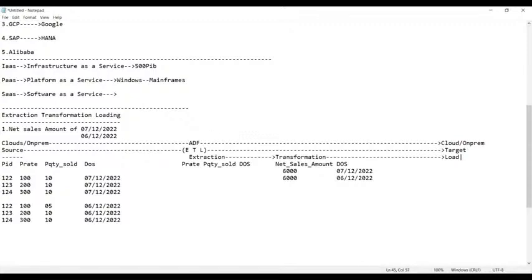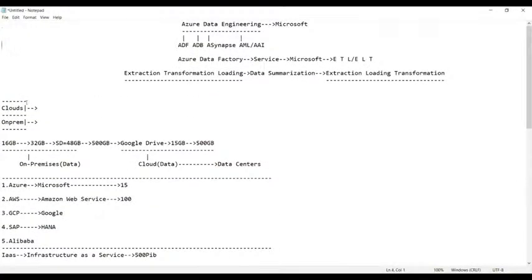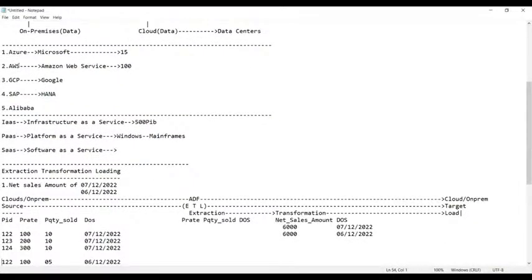That is called Azure Data Factory, which is a service provided by Microsoft. Okay, guys, that's it. How exactly ADF is used, how things are done in ADF, all these things we will see in the next session tomorrow.